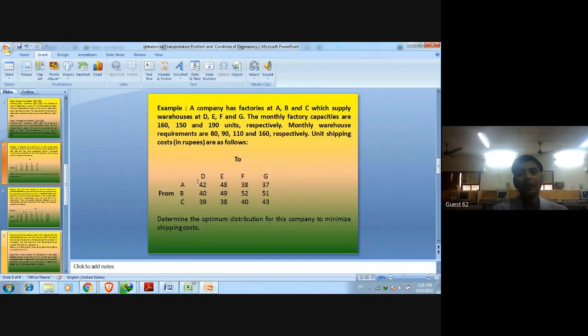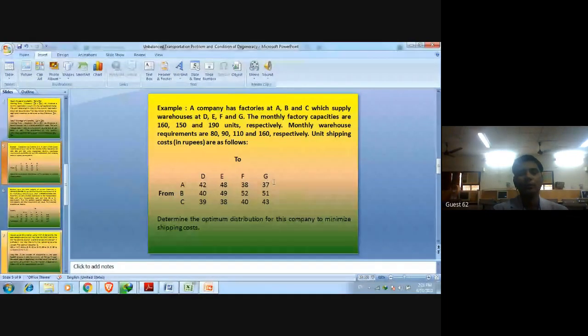From A to F, the per unit transportation cost is 38. And from A to G, the per unit shipping cost is rupees 37, and so on.